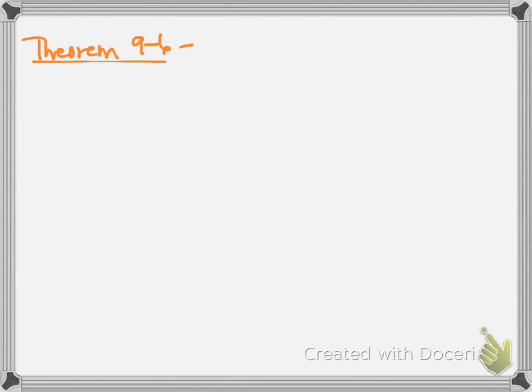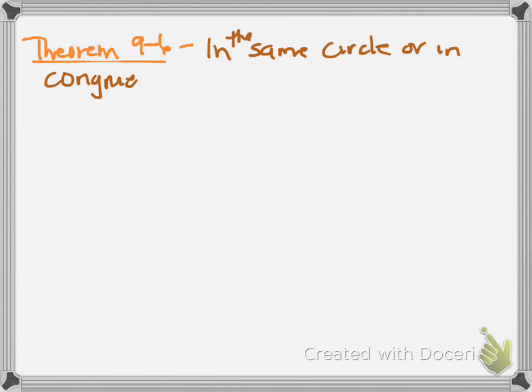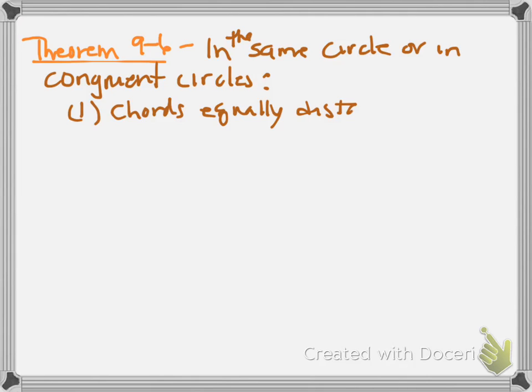It says, in the same circle or in congruent circles, we've got two things. One, chords equally distant from the center, or centers if it's two congruent circles, are congruent.